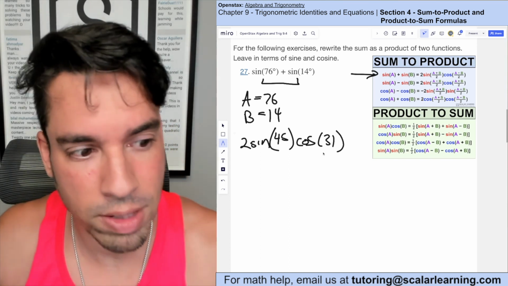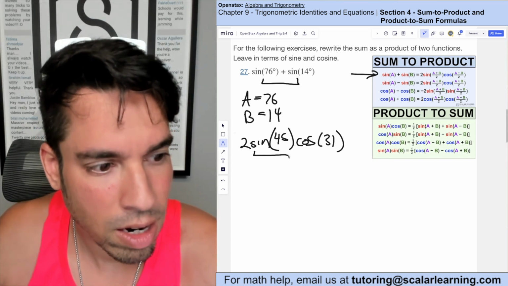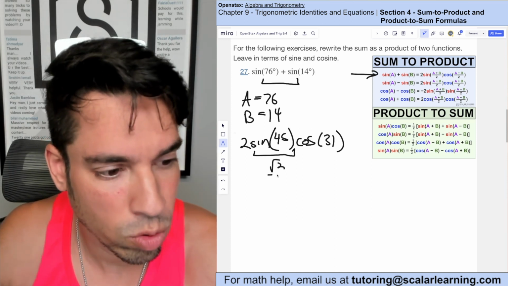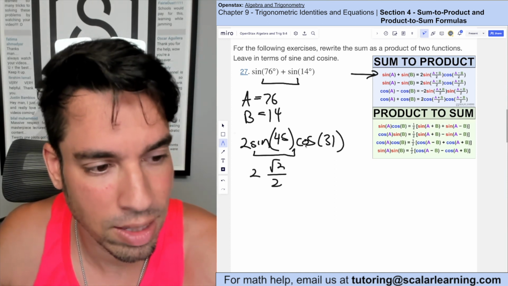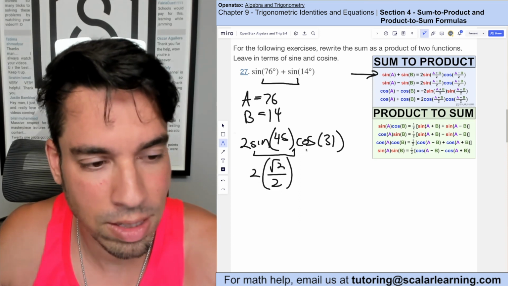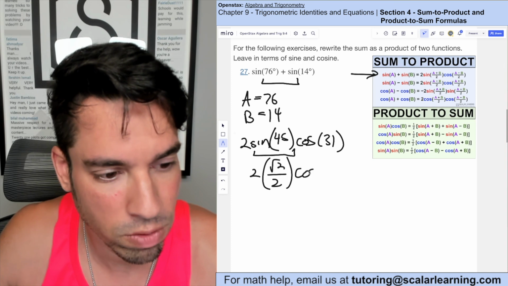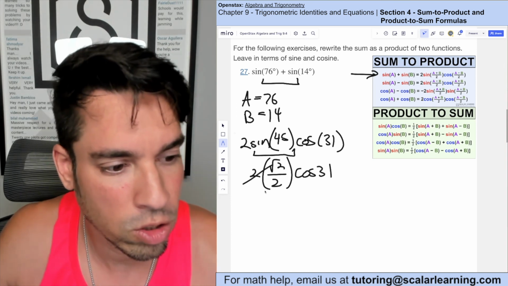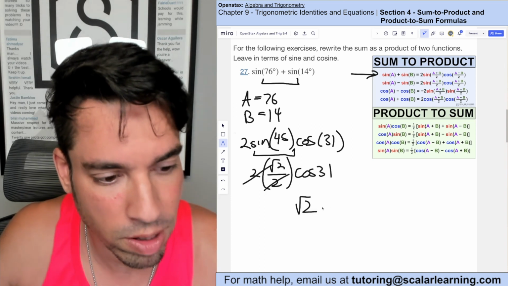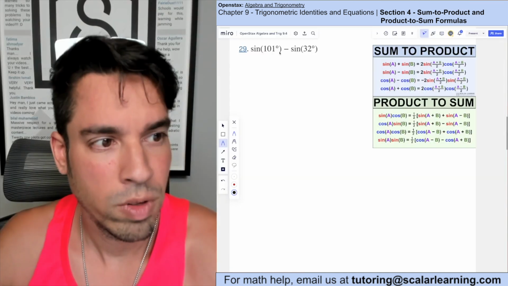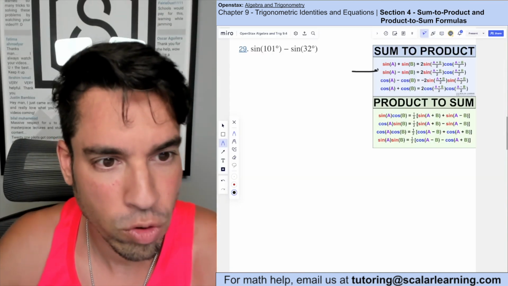And it said to leave it like this, except for the fact that sine of 45 from the unit circle can be determined. That's rad 2 over 2. So I may as well put that in. This is something that's not from the unit circle, so it's going to be an approximation. So we'll just leave that as cosine of 31. And then the 2 and the 2 cancel out, so we're left with the most simplified version, rad 2 cosine of 31, boom, done.